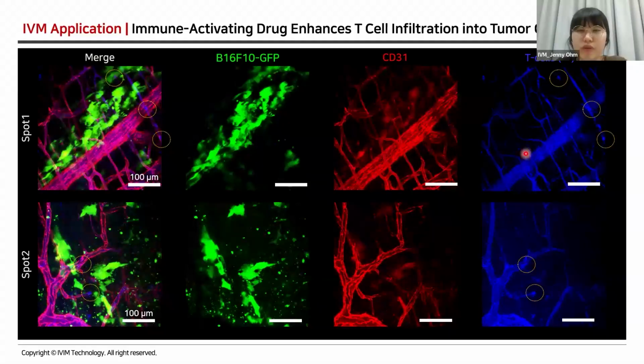On the right, we observe the distribution of T cells within the blood vessels surrounding the tumor, which provides strong evidence that the administered drug effectively activated immune cells in vivo. This also serves as an important indication of the drug's ability to stimulate immune responses within the tumor microenvironment.